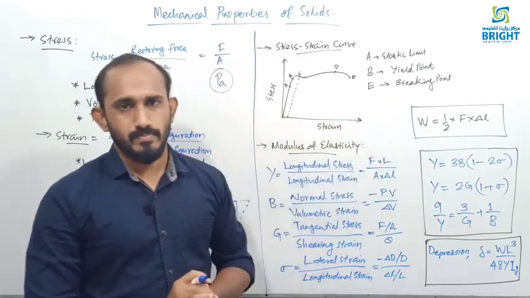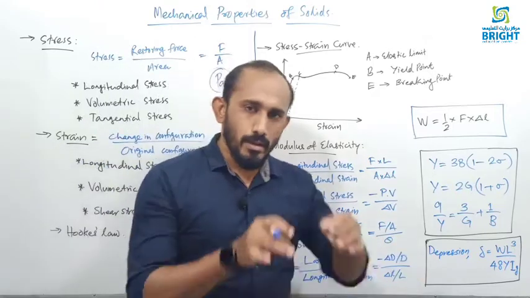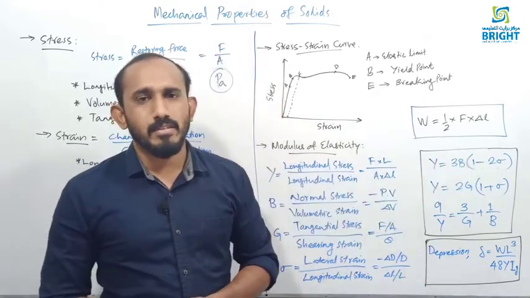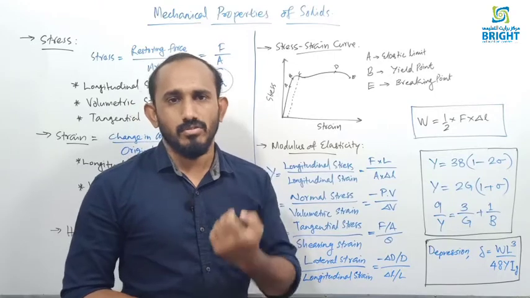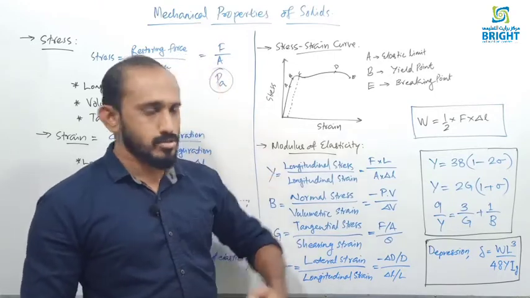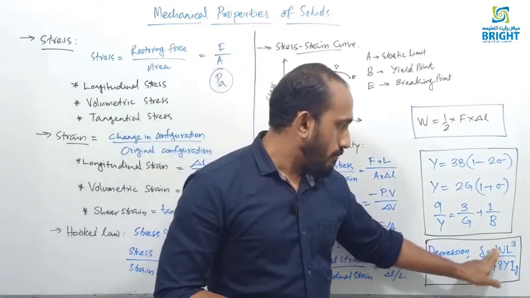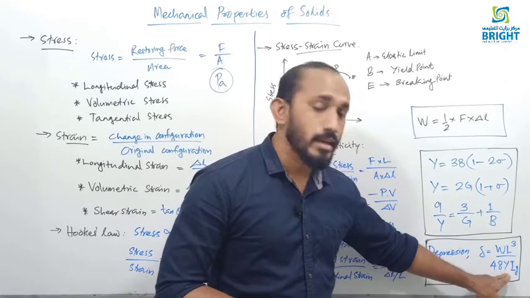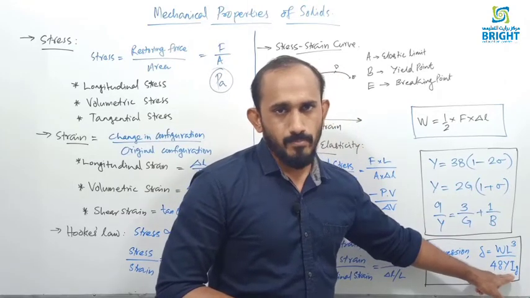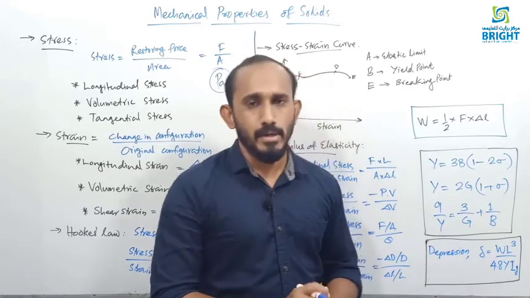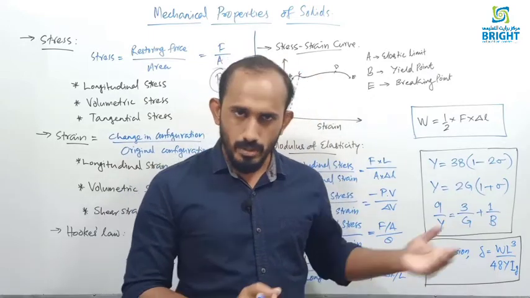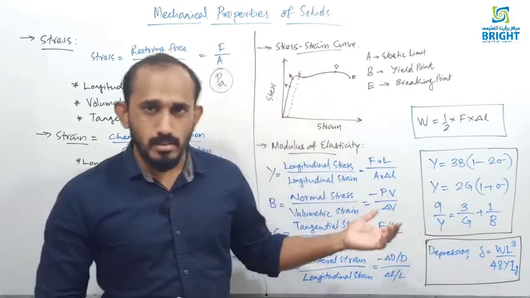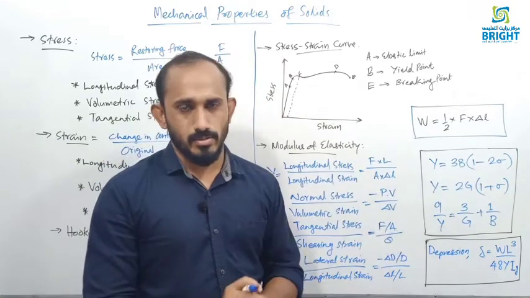You can use it. And on a long beam, if depression is happening in the middle because of a weight, then the depression produced delta is equal to WL cube by 48 Y into IG. This equation will give you the depression produced at the middle. While doing the numericals, we'll come across these, so please be thorough with these expressions.